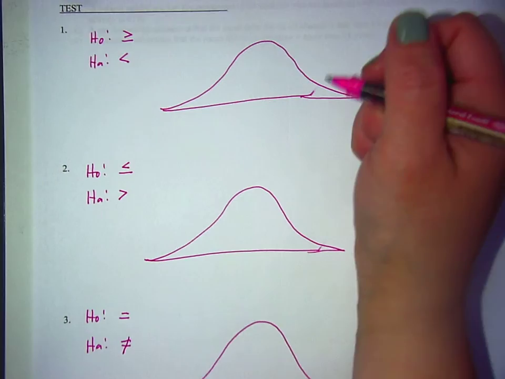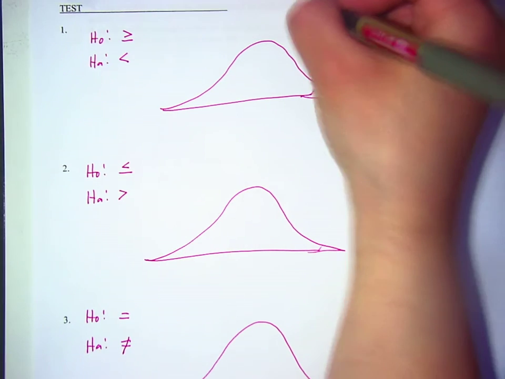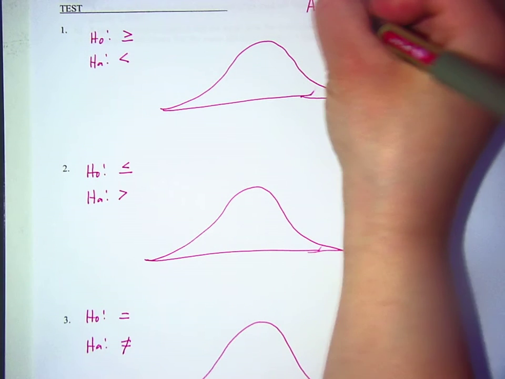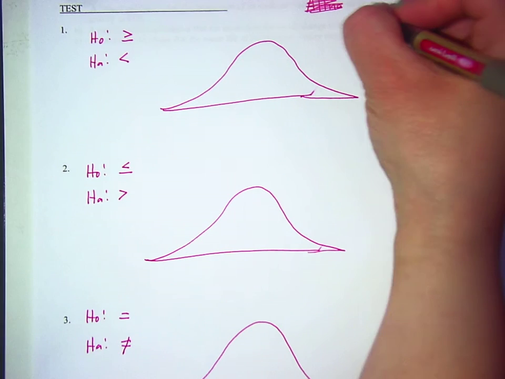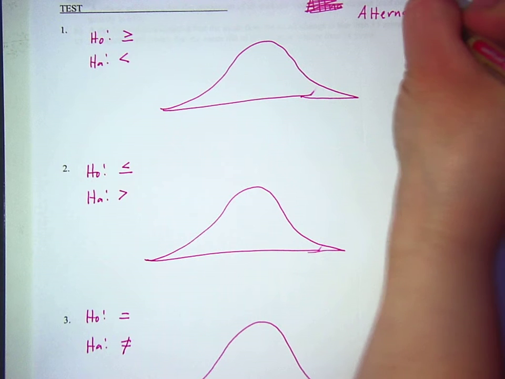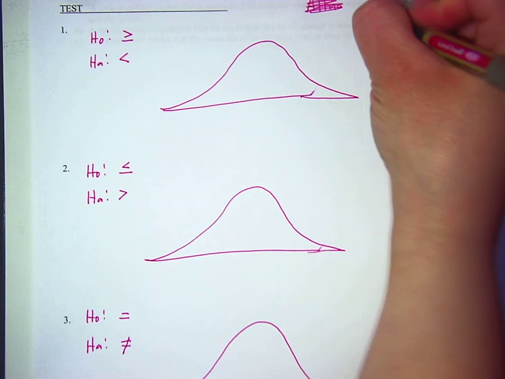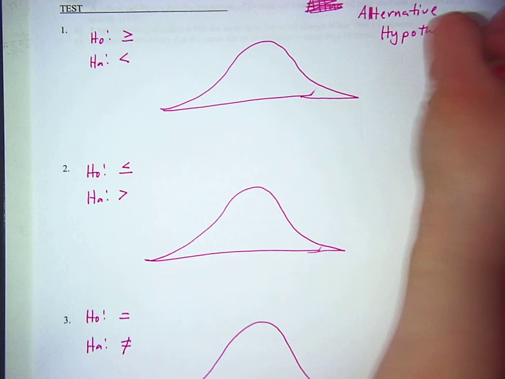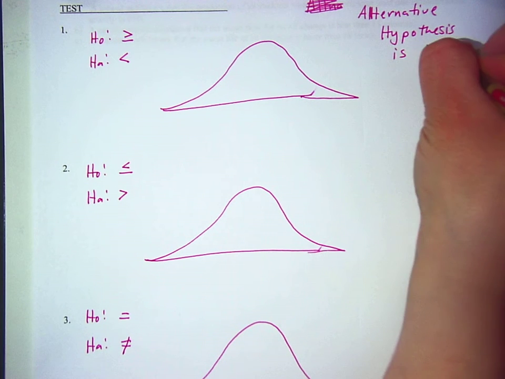Okay. So, this is the important thing that you can write down. The alternative hypothesis is always the tail.